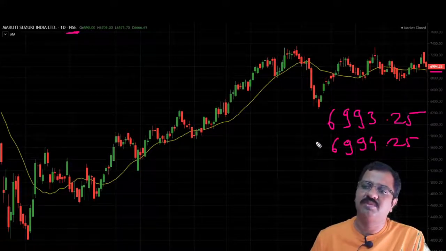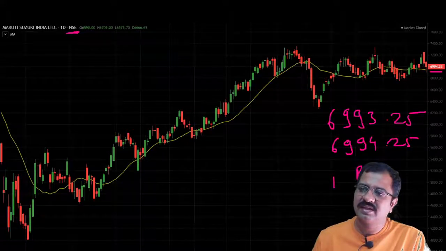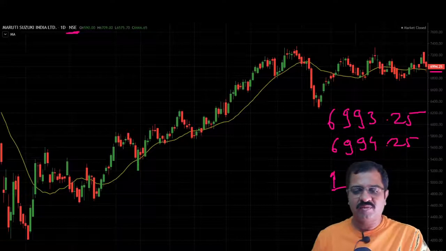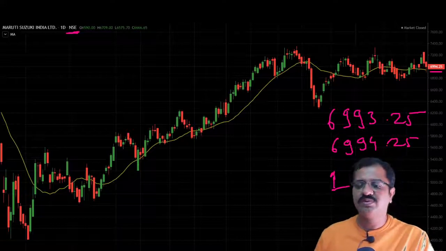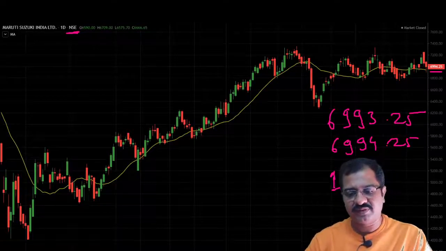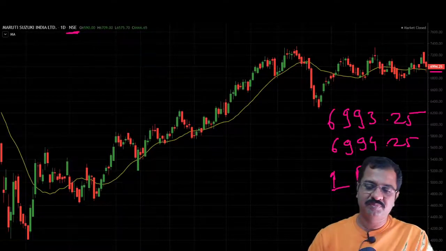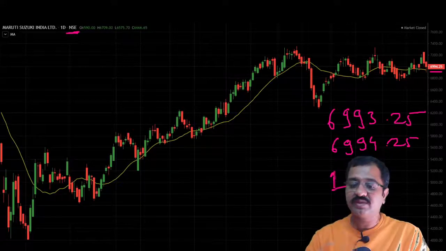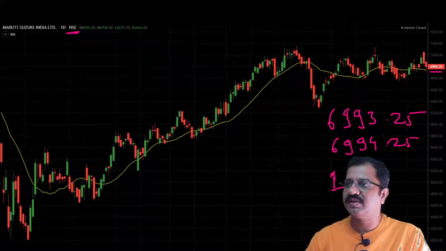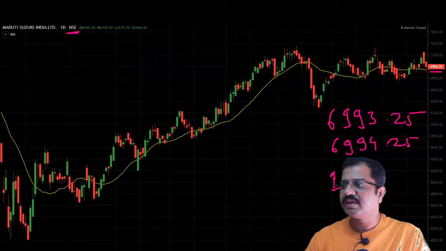So this is a 1 rupee difference. This 1 rupee is too small. I just wanted to show you that there can be a difference. If there is a big, considerable difference, then you can trade arbitrage. Generally it is not for retail, so don't trade it.